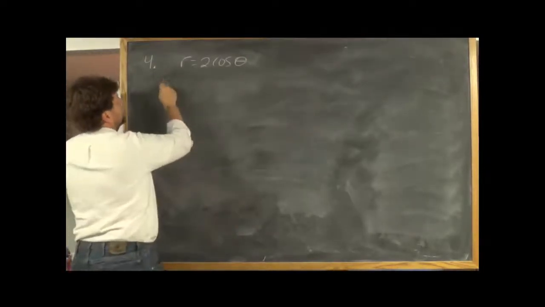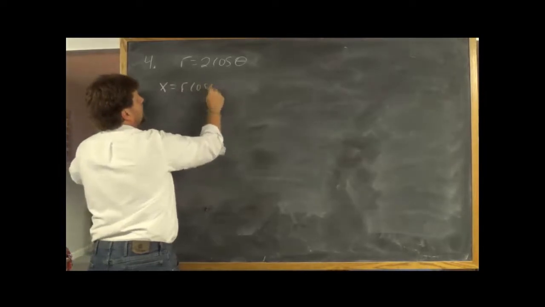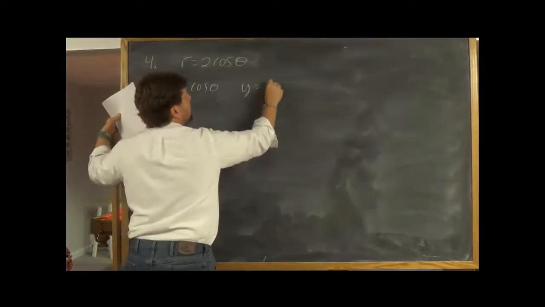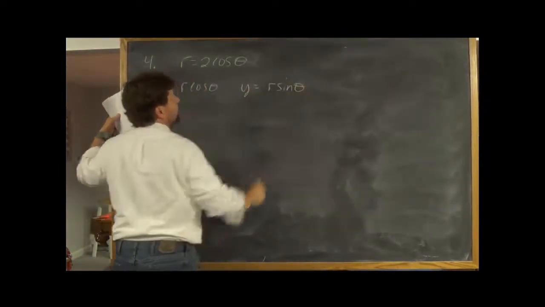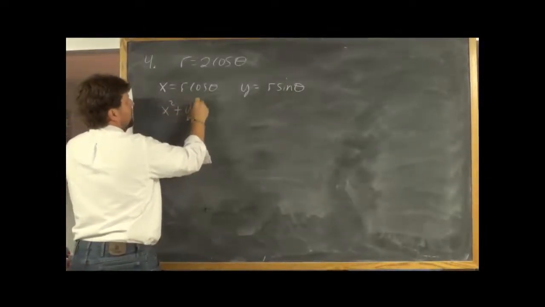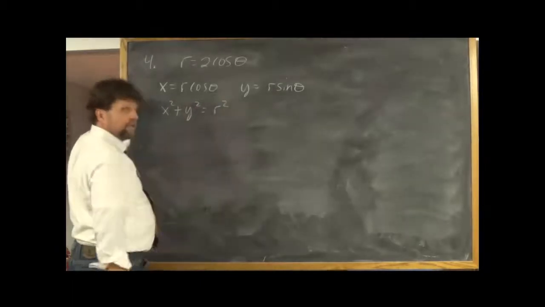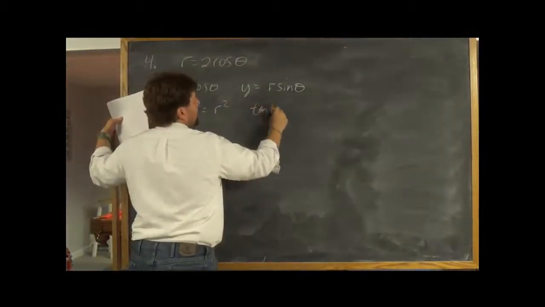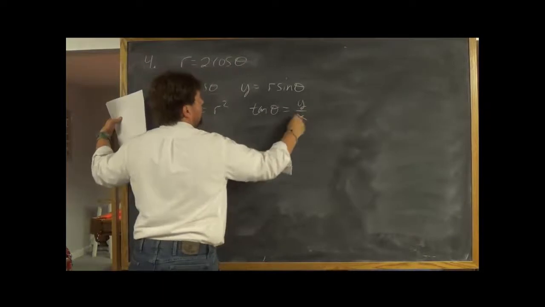Well, remember x is r cosine theta, y equals r sine theta. I might as well write them all down. x squared plus y squared is equal to r squared, and tangent theta is y over x.